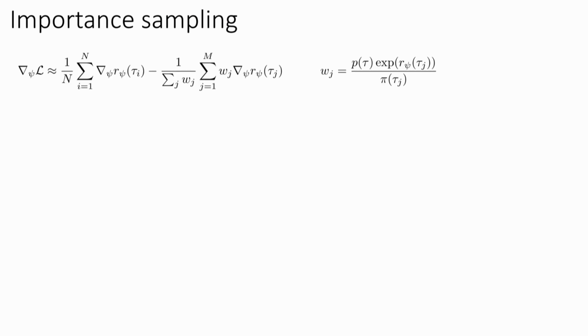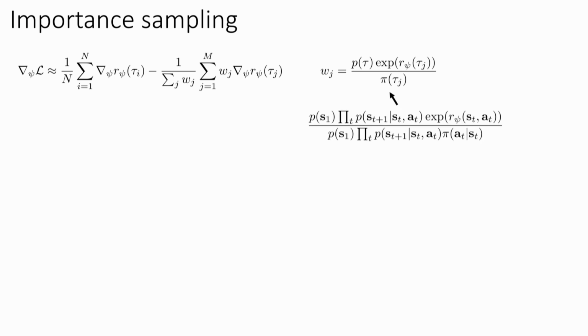Let's talk about these importance weights a little bit more. We can expand them into our familiar trajectory probabilities. As we've probably seen many times by now, trajectory probabilities are basically a big product of the initial state, all the transition probabilities, and, in the case of your policy, the policy term; in the case of your desired distribution, the exponentiated reward term.